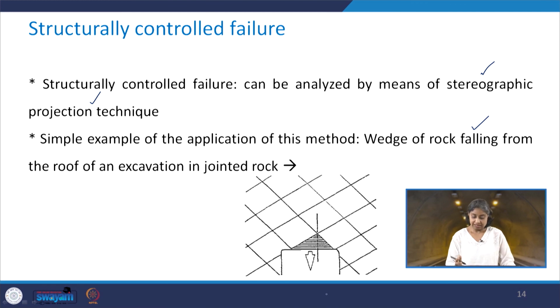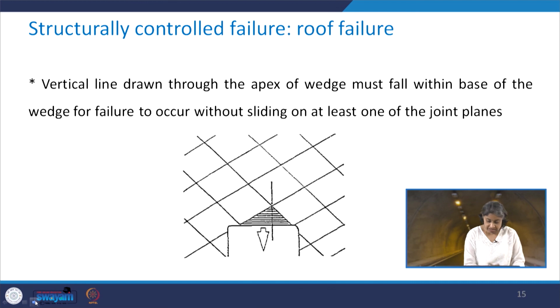So, take a look: this is the excavation, and this is the first plane, second plane and third plane formed from the excavation. So, there are 3 planes, and this wedge is free to fall from the roof.